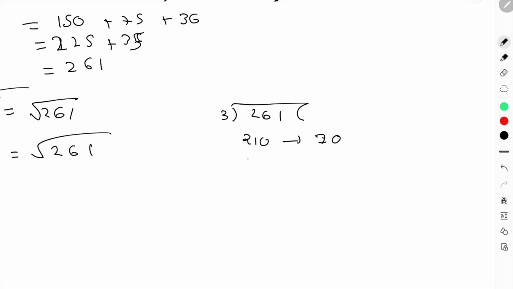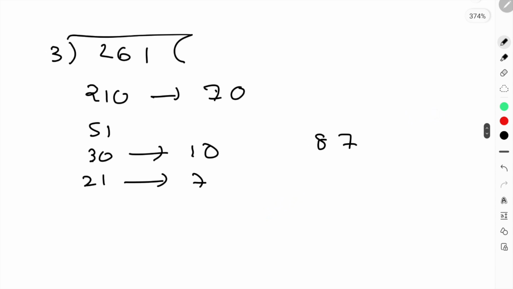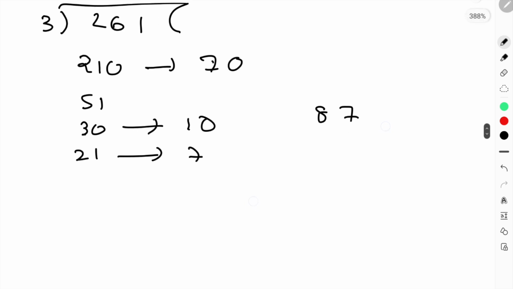That's 70, and then we have 51 left, and then we can take 30, so that means that's 10, and then we have 21, that means we have 7, so that's 87. Yeah, so I mean, this is how I do mental math. I just try to do it in my head, but if not, just try to do it on the paper itself, like I did right now.